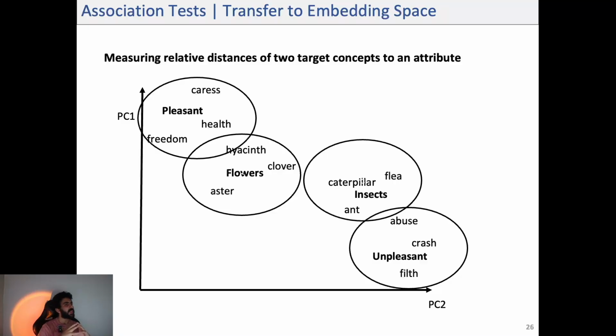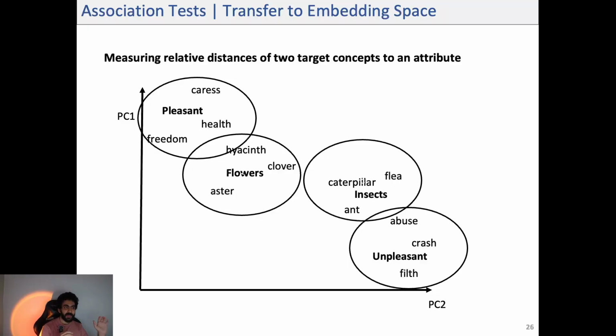Here we've projected word embeddings into two principal components, PC1 and PC2. Just like reducing dimensions with PCA, this helps us visualize relationships that would normally be hidden in a 768 dimensional space. We've got groups of words.